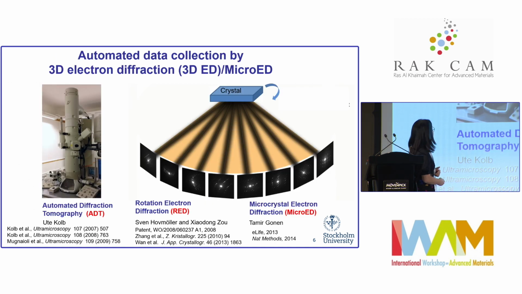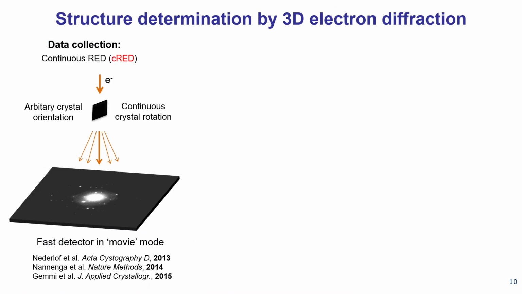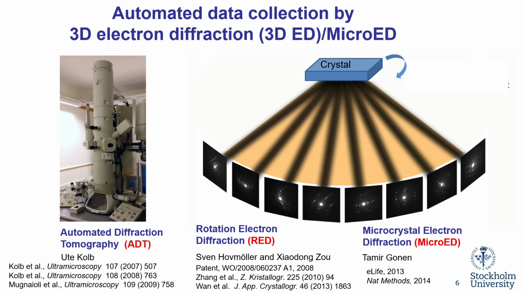Because of that, 3D electron diffraction has been developed by different groups. The first was Ute Kolb's group in Germany, who call it automated electron diffraction tomography. Our group developed it, called rotation electron diffraction.